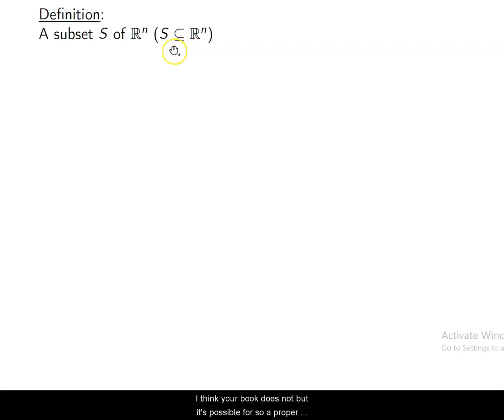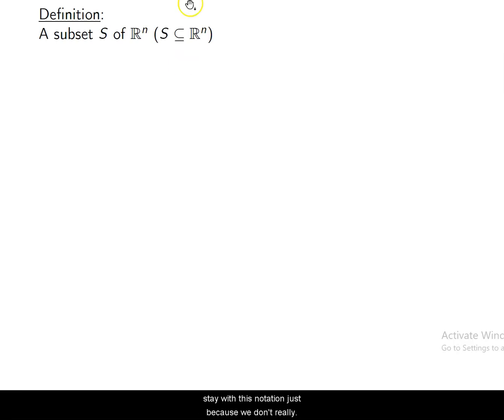I think your book does not, but it's possible. A proper subset means that S is basically equal or equivalent to Rn or smaller than it in size, or dimension. So S could be Rn itself, and then Rn is a subset of itself, so that's fine. That's really what the improper versus proper subset notation means.